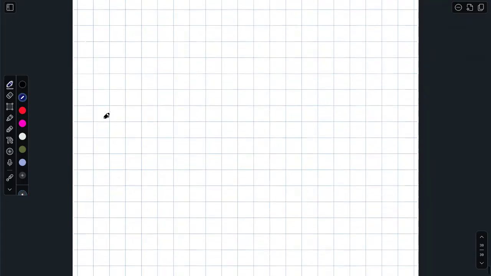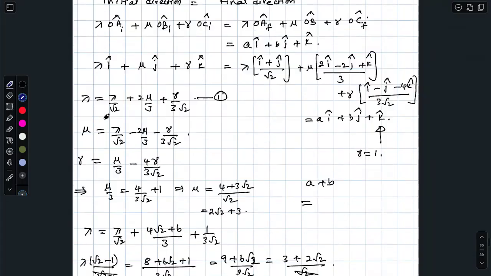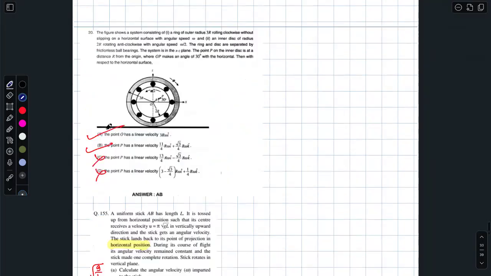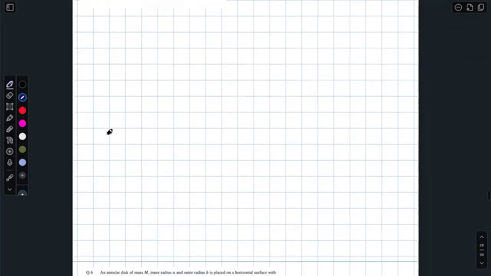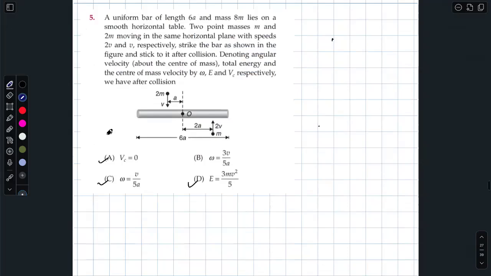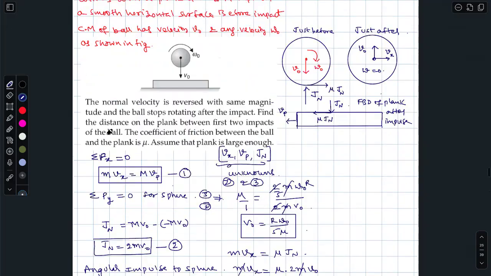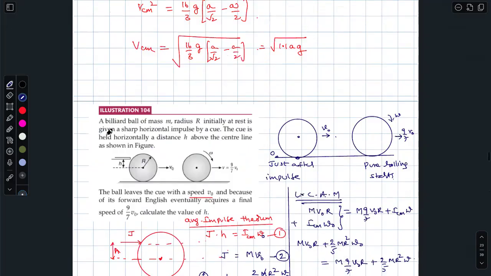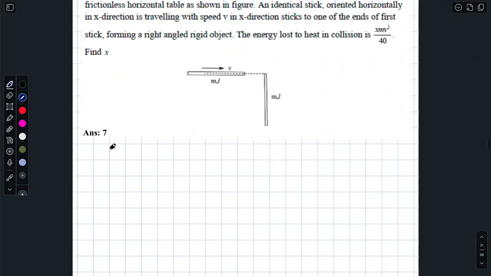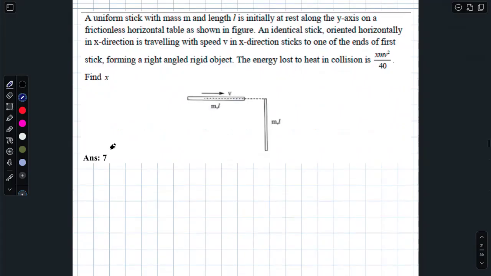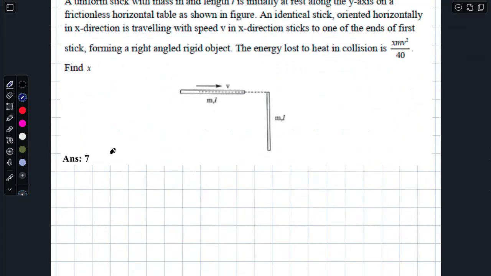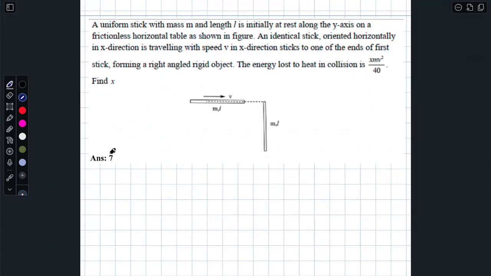I'm searching for that. This is the question. That's pending actually. Read the question carefully.